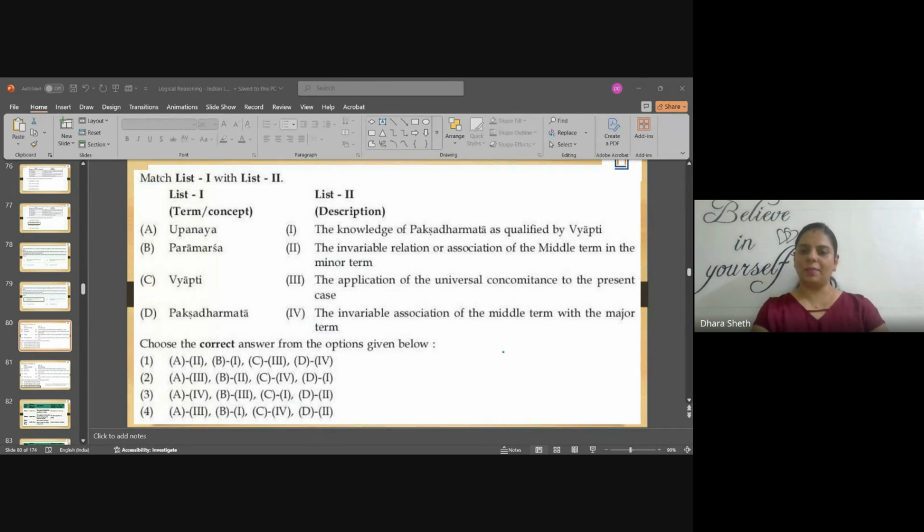The knowledge of Paksh-dharmat as qualified by Vyapti, the invariable relation or association of middle term in the minor term, application of the universal concomitants to the present case, and invariable association of middle term with the major term. Do a guess. I'll tell you the answer. The way we understand the thing and the way it is represented in question.